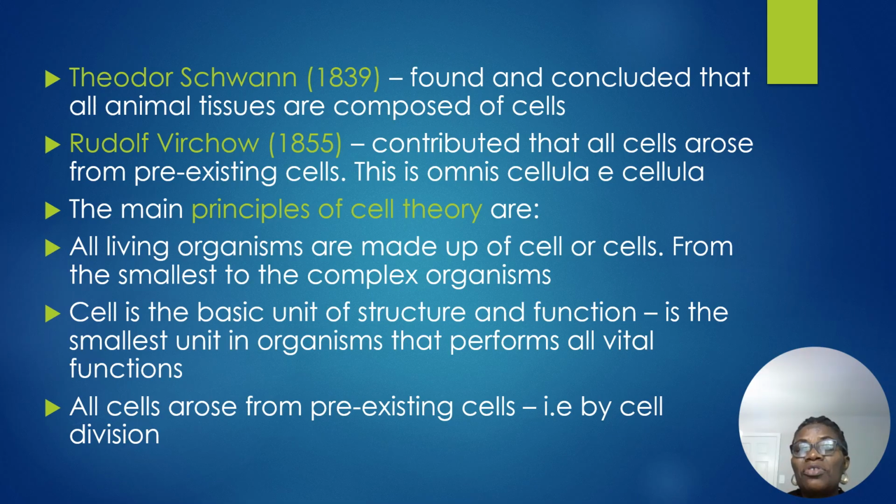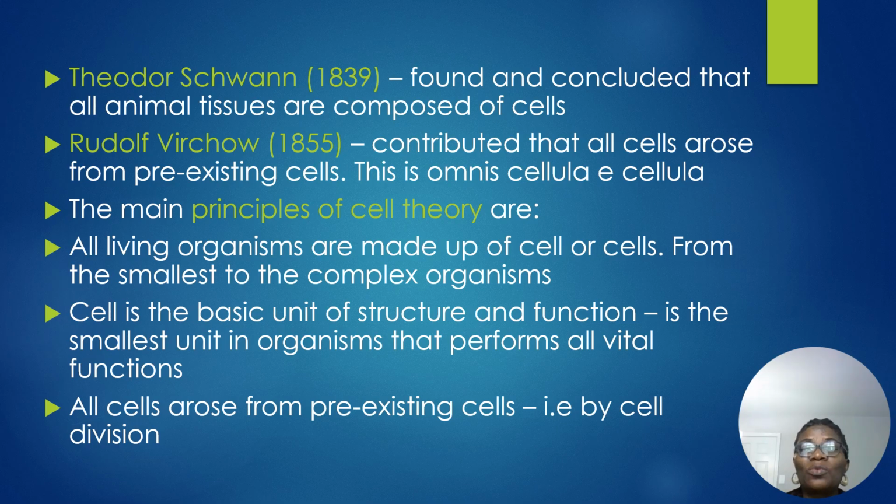Then Rudolf Virchow in 1855, in his own contribution of carrying out research studies on cells, found out and deduced that there is no cell that just arose on its own, that every cell arose from a pre-existing cell.